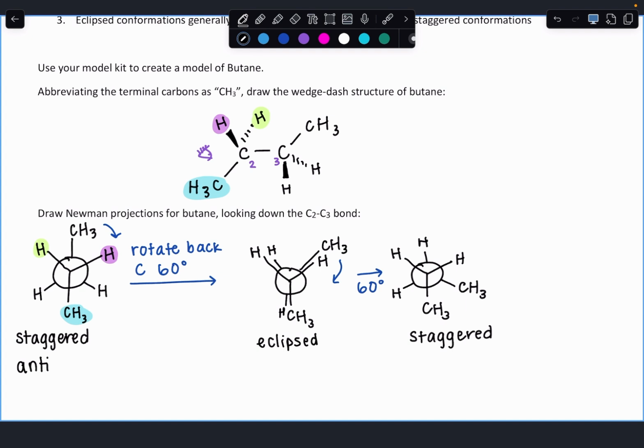And here's another term: this is staggered and gauche, where we have the two large groups, the two CH3s, next to each other. There's some steric hindrance. Space between them is limited, and this is still staggered, still lower energy than eclipsed, but it's higher energy than the anti conformation.